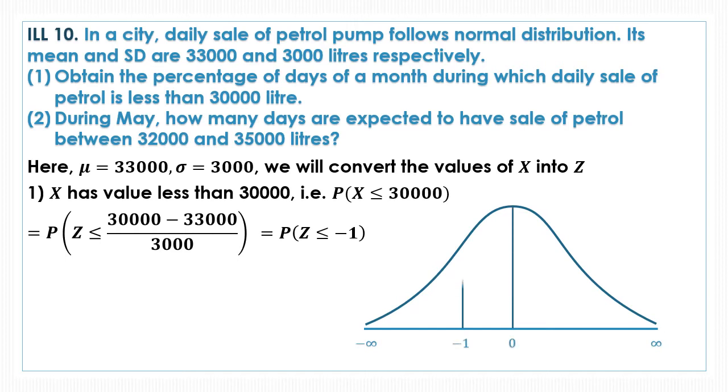Now negative 1 is on the left hand side of the curve, and less than that means it goes up to negative infinity. Because it goes up to negative infinity, we have to calculate the area from negative infinity to 0, and from that subtract the area value of negative 1 to 0.